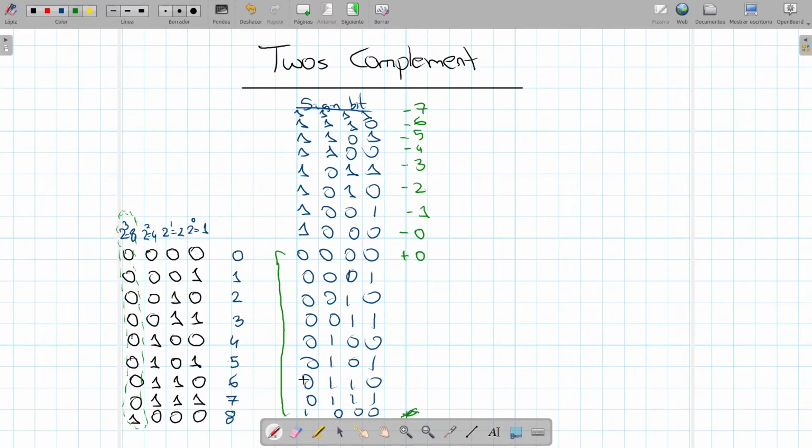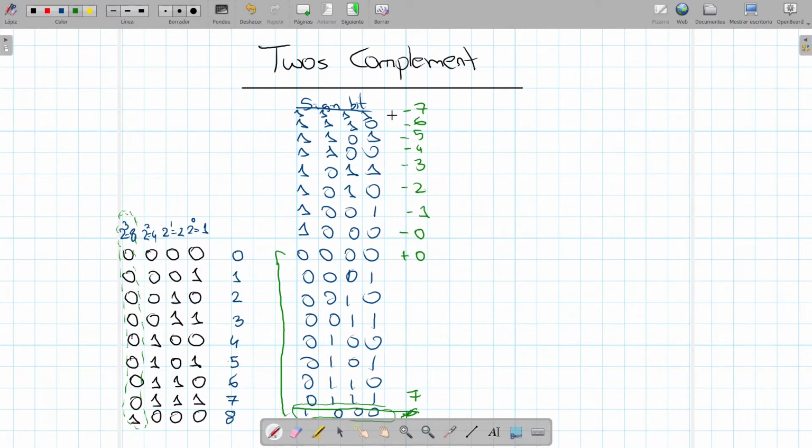Plus 7 would be here, and this one would be again the minus 0, so we wouldn't be able to use it. So we lose the range: we can't represent from 0 to plus 8, we can only represent from minus 7 to plus 7.